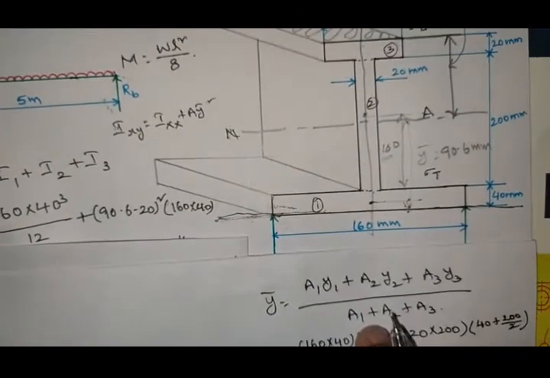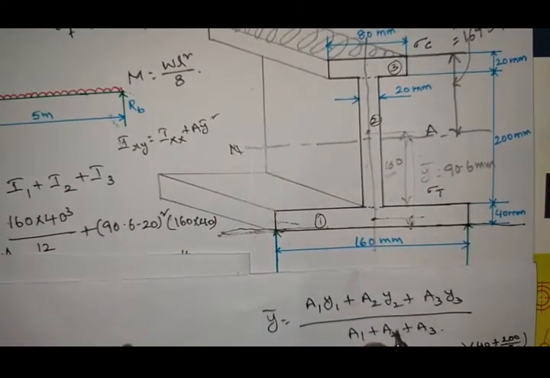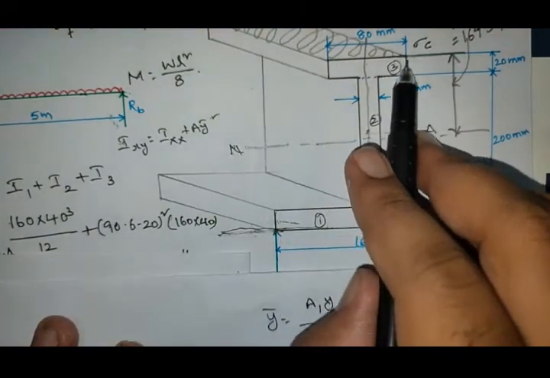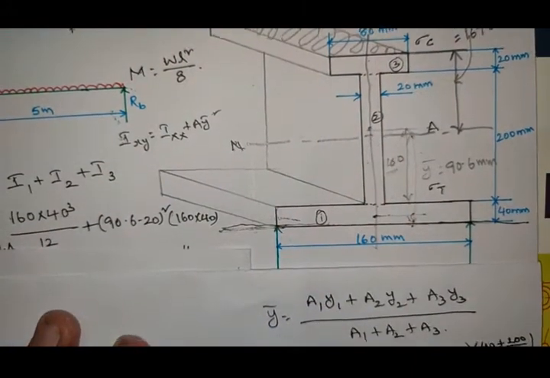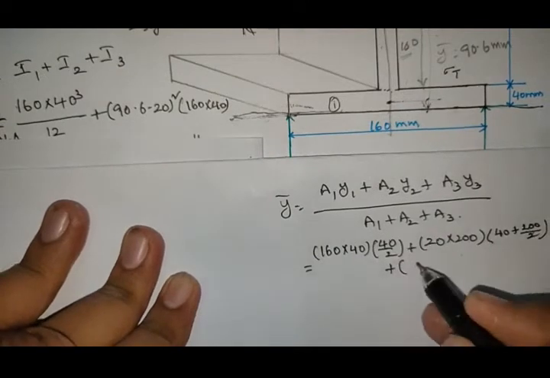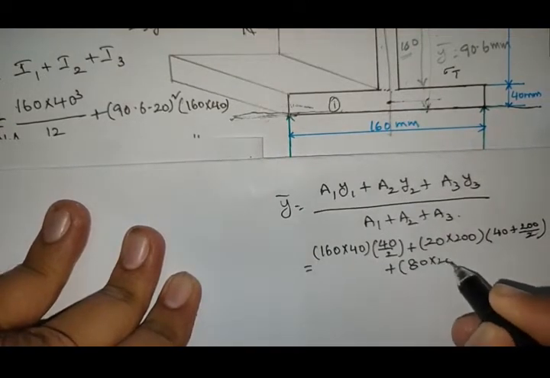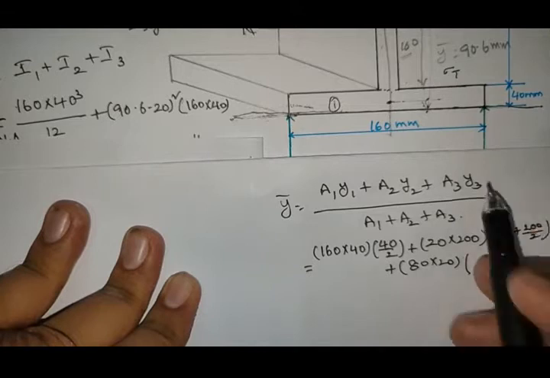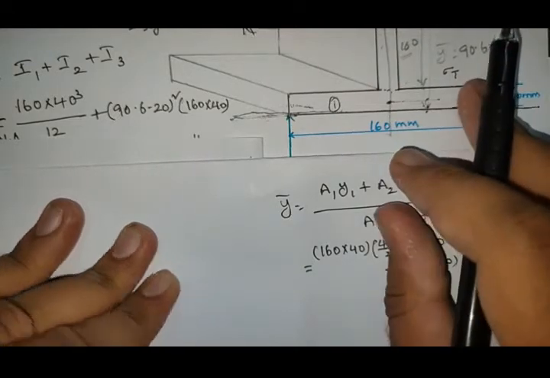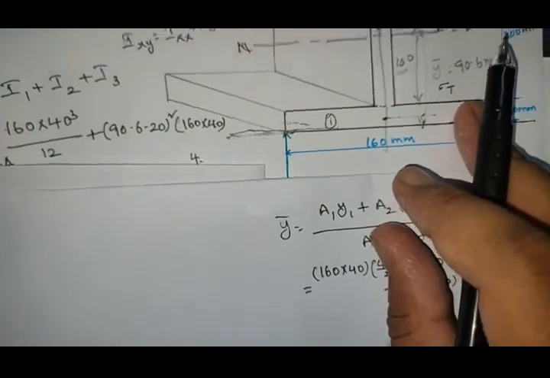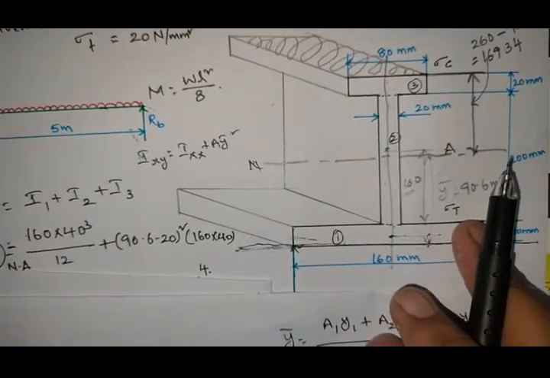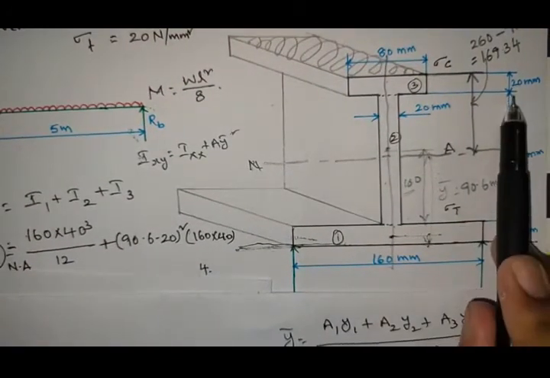So what is the third section? Third section values: length 80 mm, depth is 20. So a3 value is 80 into 20, and the distance of the centroid is 40 plus 200 plus 20 by 2.